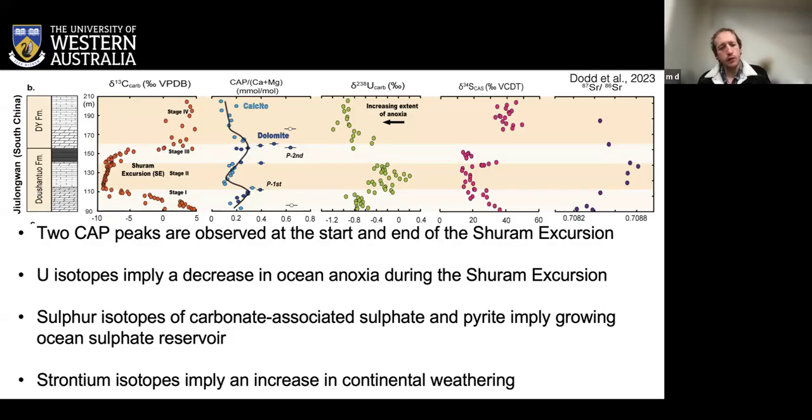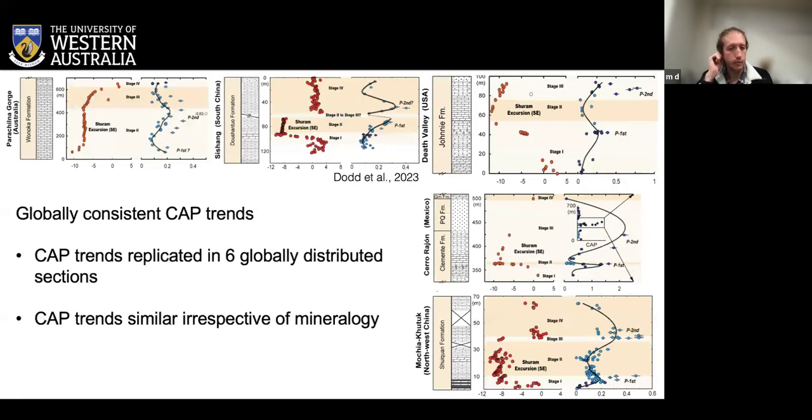But during the middle portion of the Shuram excursion, the uranium isotope values become increasingly more positive, suggesting an increase in the oxidation state of the oceans and a decrease in the spread of anoxia. And at this point in time, our CAP values actually decrease. This is consistent with that redox-dependent phosphorus cycling I was talking about at the start. I'll dive into more details about that in a minute.